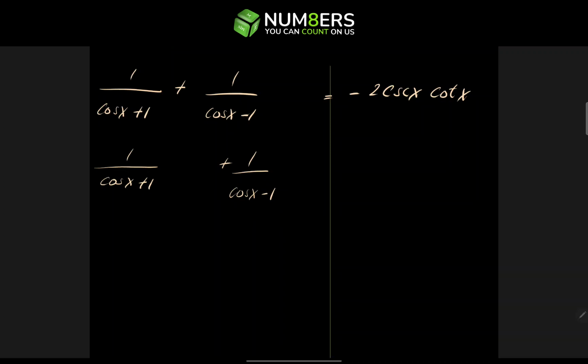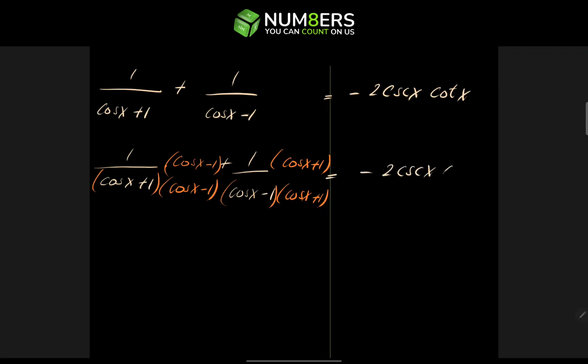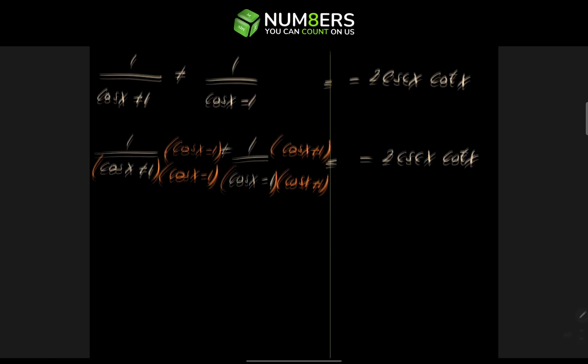So I multiply here, top and bottom, by cosine x minus 1, and for the right part, it's cosine of x plus 1 and cosine of x plus 1. And that's still equal to negative 2 cosecant x cotan of x.